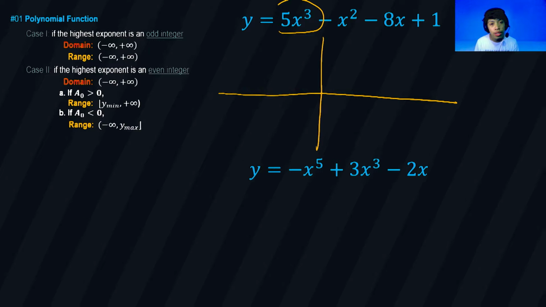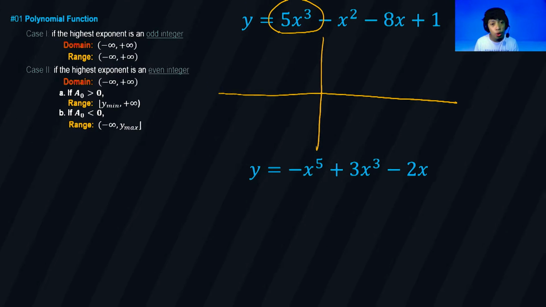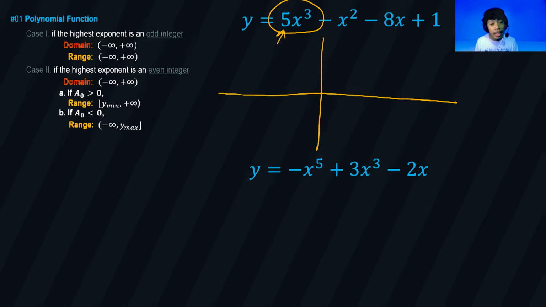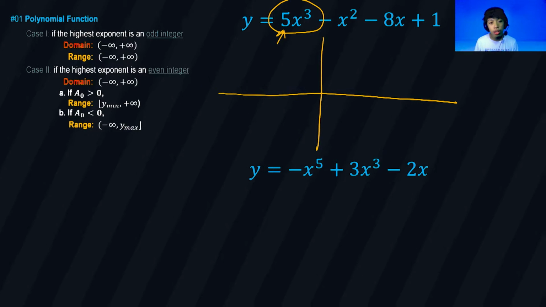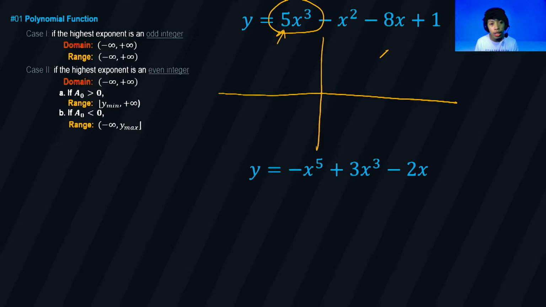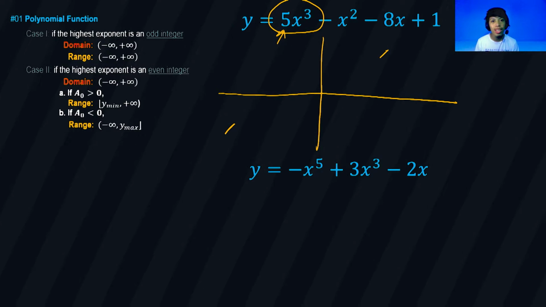This one right here is the highest degree term because it contains the highest exponent. And the numerical coefficient is 5, positive 5. So, since a0, which is 5, is positive, then the graph would start on quadrant 1, here, and it will end at quadrant 3.